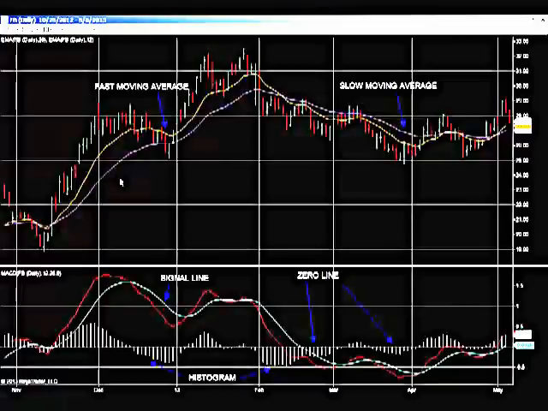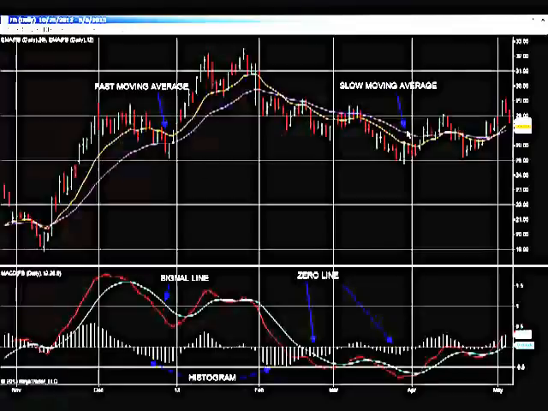Now, as I said previously, the MACD line is the difference between the slow-moving average and the fast-moving average. If you subtract the slow-moving average from the fast-moving average, you will get a positive number. A positive number occurs when the fast-moving average is above the slow-moving average. You see the MACD moving upwards when the fast-moving average is above the slow-moving average.